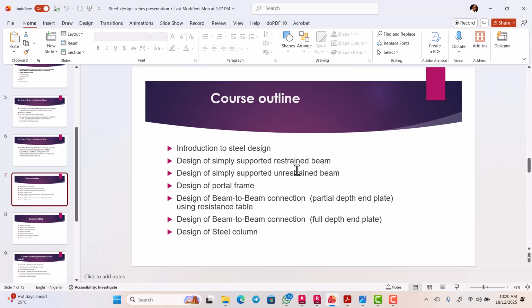And you must also understand what type of beam you are designing. Are you designing a restrained beam? Are you designing an unrestrained beam? Because though the checks are similar, there are some little disparities in their design process. So today we want to understand the design concept of simply supported restrained beam.